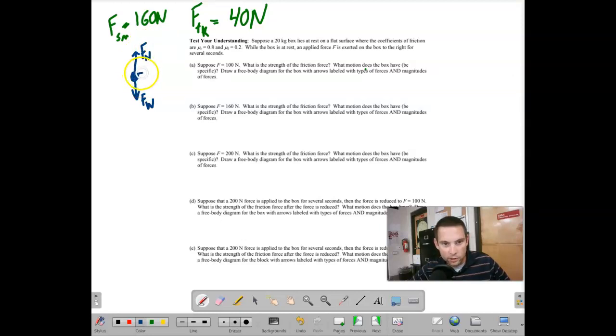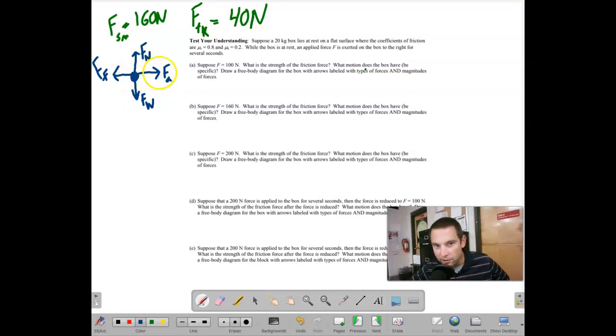We have 100 newtons applied force, however it's applied. We're going to just say a hand is pushing on it because it's easier. And our frictional force is going to increase until it matches or cancels out our applied force.